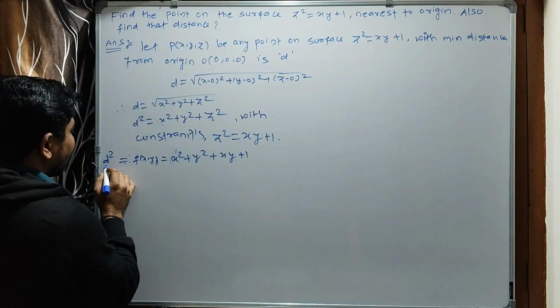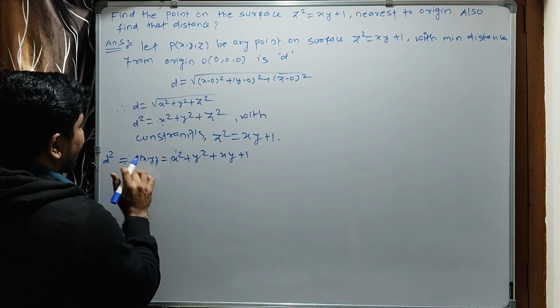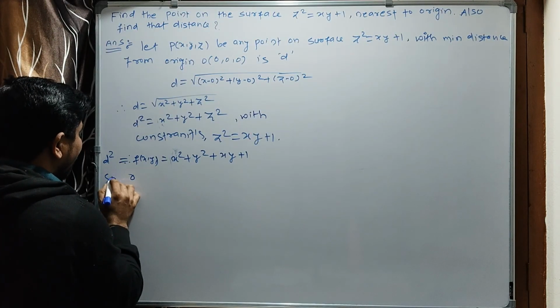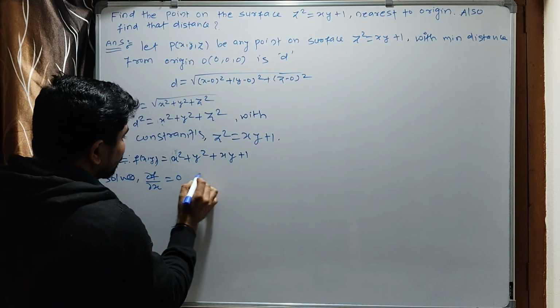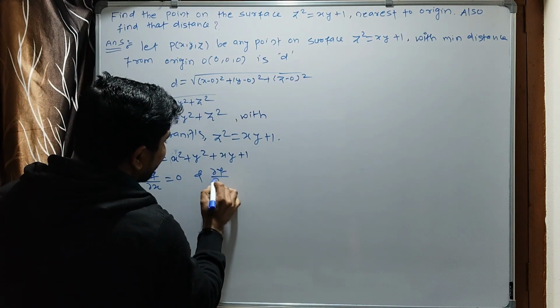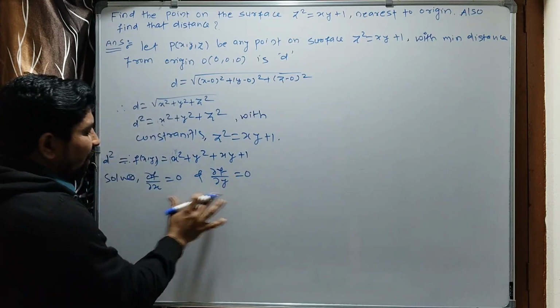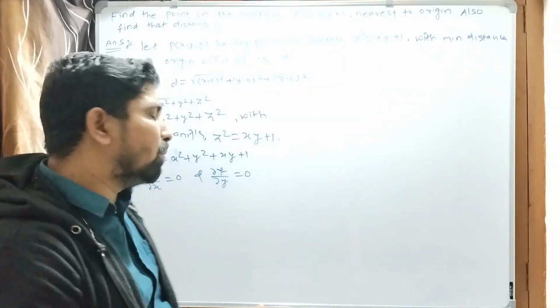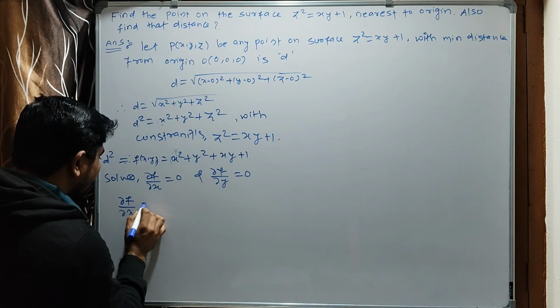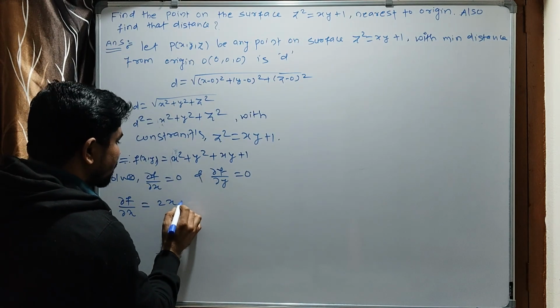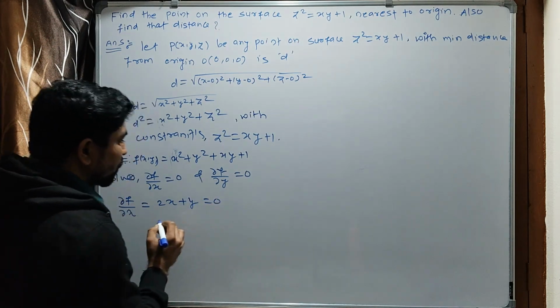Therefore here, instead of d square, I am writing f of x comma y. Therefore solve dou f by dou x equal to 0 and dou f by dou y equal to 0. I want to find the stationary point of my function. Therefore dou f by dou x equal to 2x plus y, which is equal to 0.